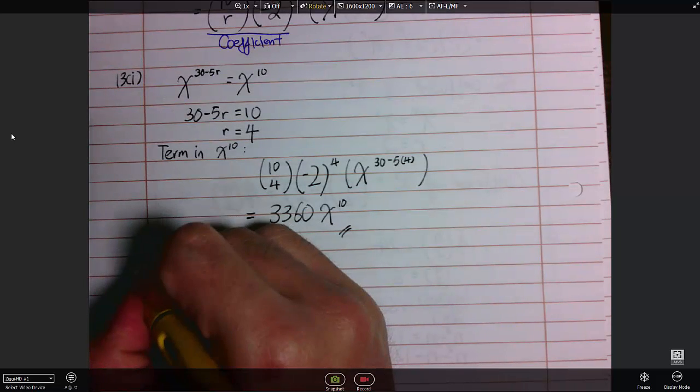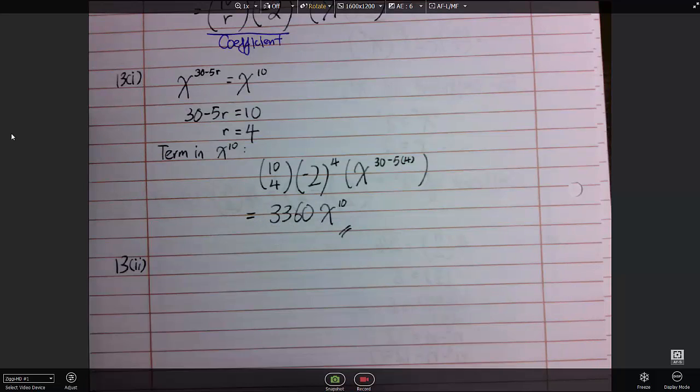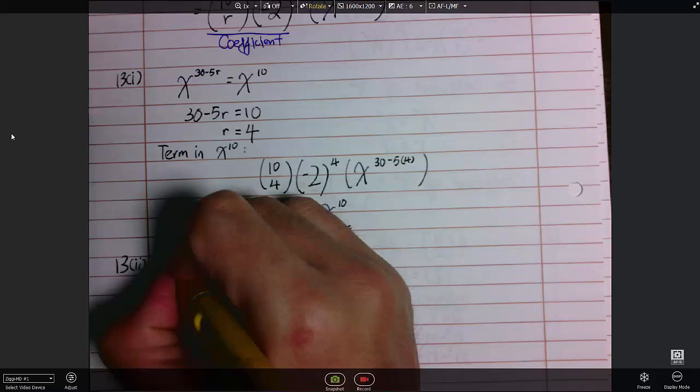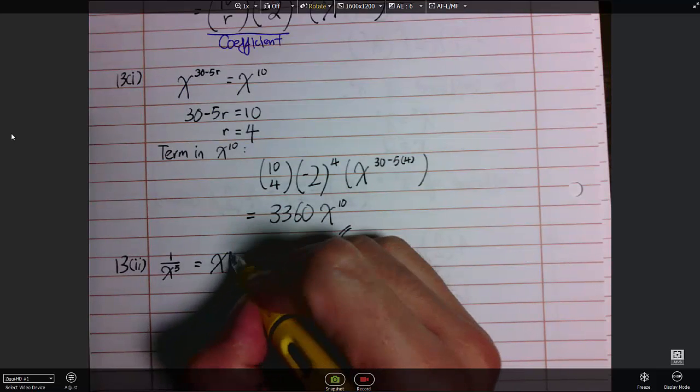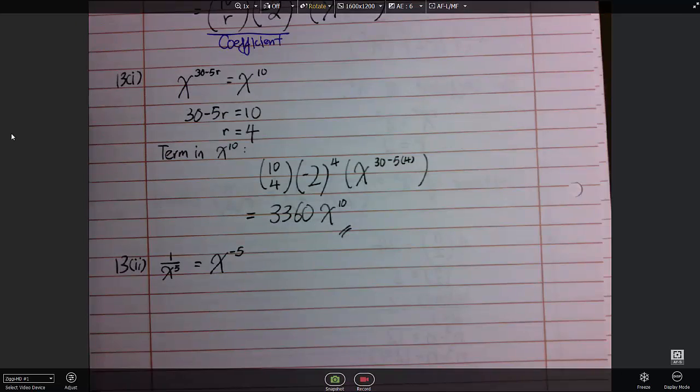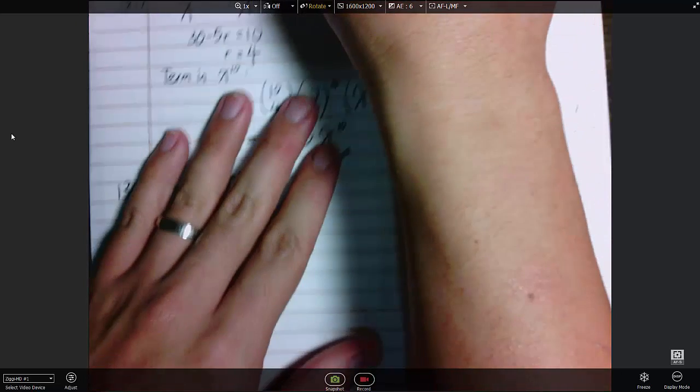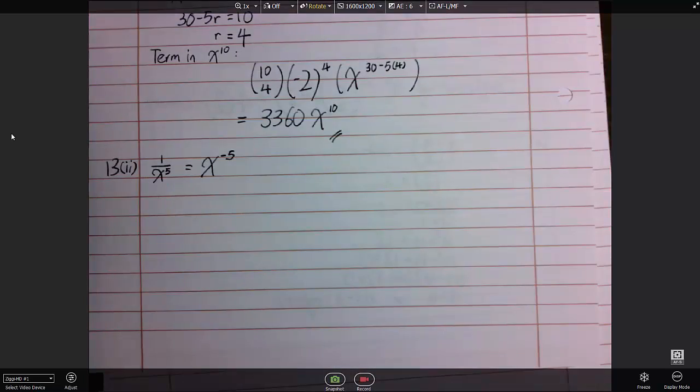Now I move on to 13 part 2, the coefficient of 1 over x to the power of 5. I can rewrite it as x to the power of negative 5, as a negative index. Then you ask, why in the world would I want to do that?